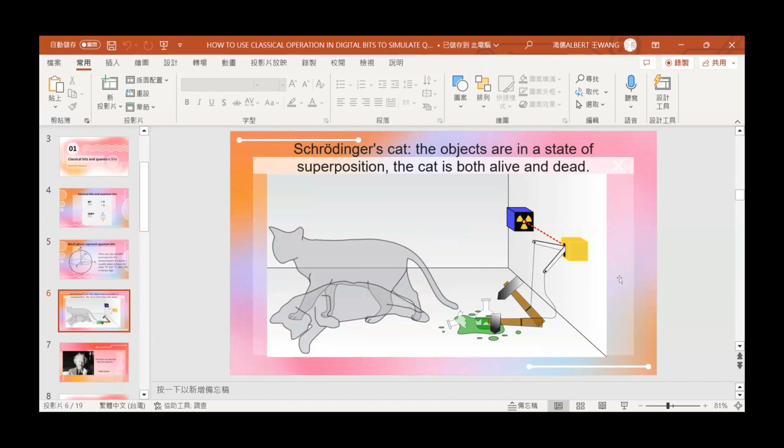This is like the result of Schrödinger's cat. The objects are in a state of superposition. The cat can be both alive or dead, depending on a random radiation process being on or off.